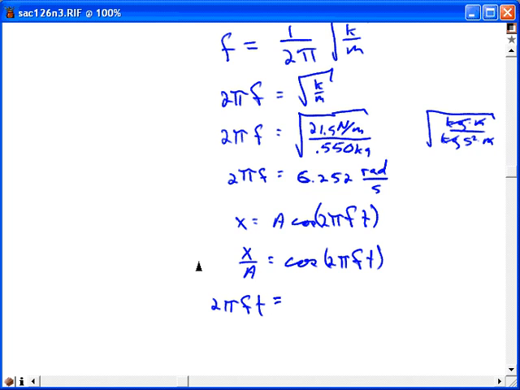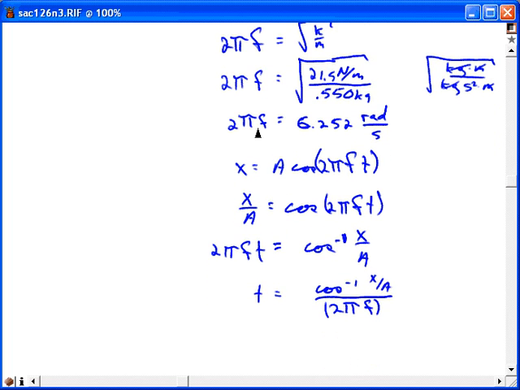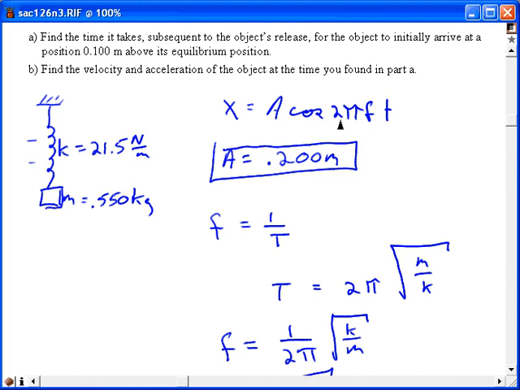And over here, when I take the arc cosine, I just have to write it down: the arc cosine of x over A. So t is going to be the arc cosine of x over A, all divided by 2 pi f. And I've got an expression for 2 pi f. I knew that was going to be coming up a lot, so I solved for 2 pi f rather than the f itself, and that 2 pi f is all grouped together in here.